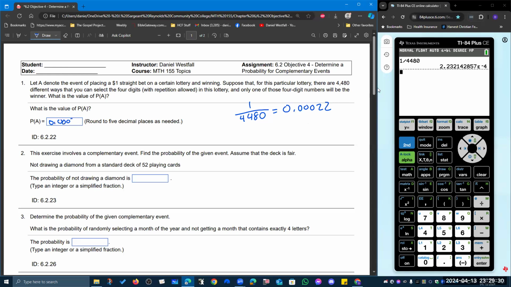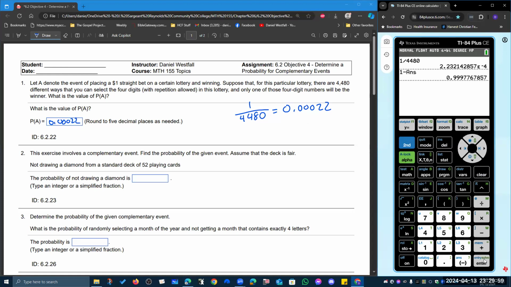Though it doesn't ask me this, what's the complement of this, which would be what's your probability of losing in this lottery, or not getting this one grand prize, if you consider anything other than the grand prize losing, right? 1 minus my answer above is going to be nearly 100%, right?